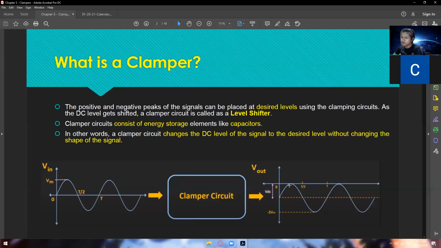Vice versa, this one is the negative clamper. If we have a positive clamper, we just put the signal above the ground level, or the zero. So the positive and negative peaks of the signal can be placed at a desired level, either above the ground level or below it. That concept we call a level shifter.